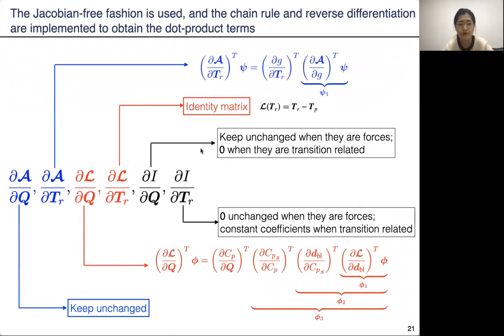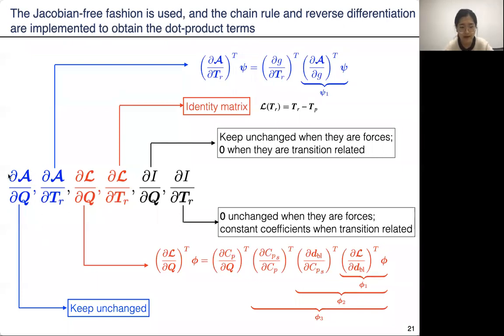Then we go back to the coupled adjoint equation solution. It involves 6 partial matrices we first need to compute. There are 2 main parts. One is related to the RANS solver, and the other is related to the transition module.